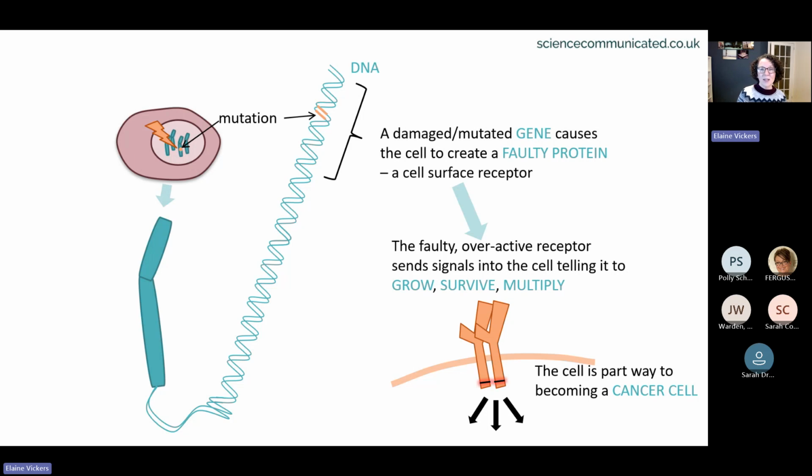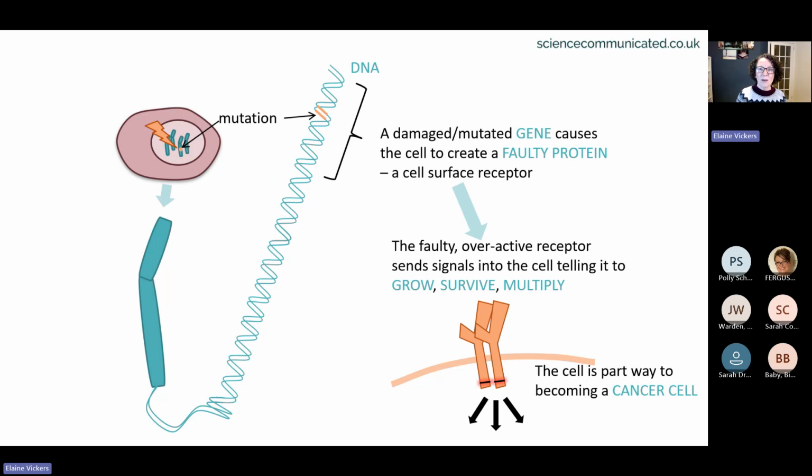So our cells all contain the same DNA. They're using that DNA to make all the proteins they need. The exact repertoire of proteins that they make will be different in each type of cell. You know, a lung cell is going to be making different proteins to a skin cell or a nerve cell or a kidney cell. A lot of the proteins will be the same because they're responsible for just the general functioning of every cell, but some of them are specific to individual cell types.